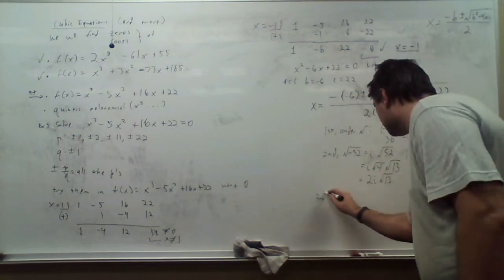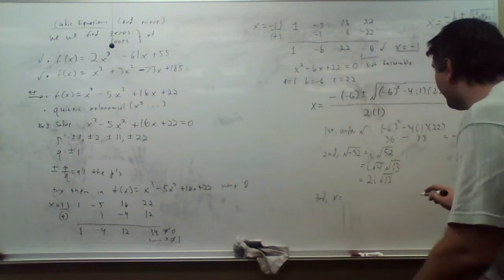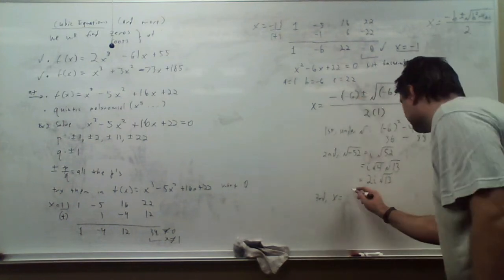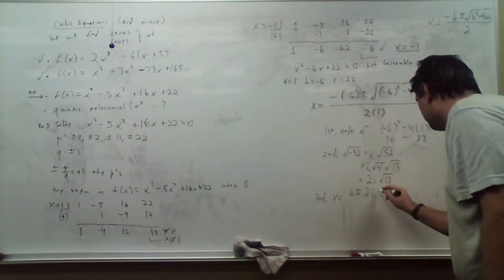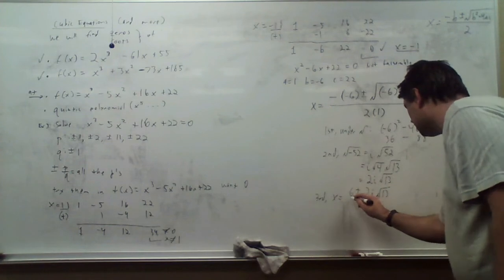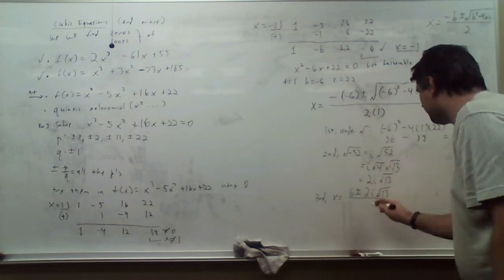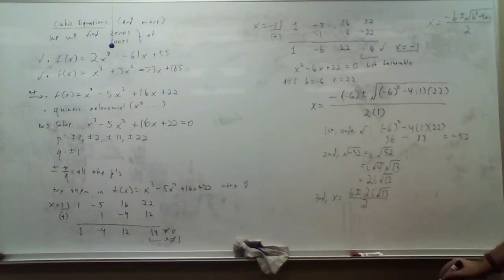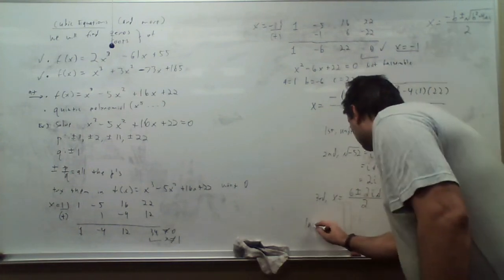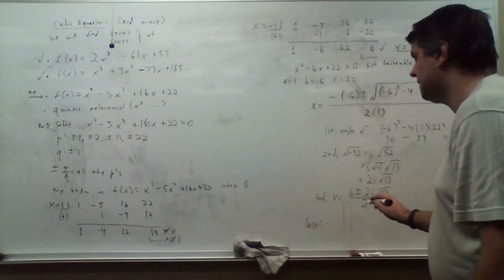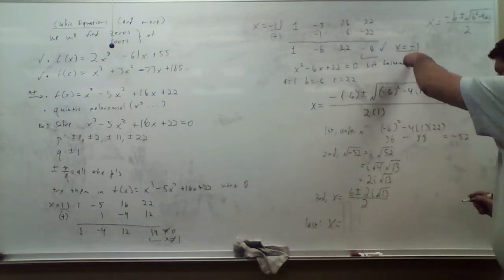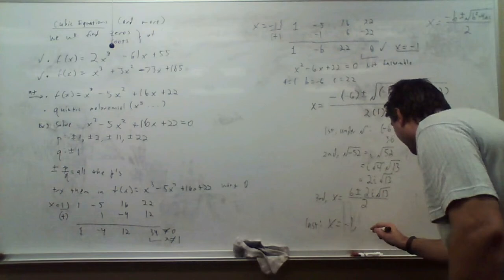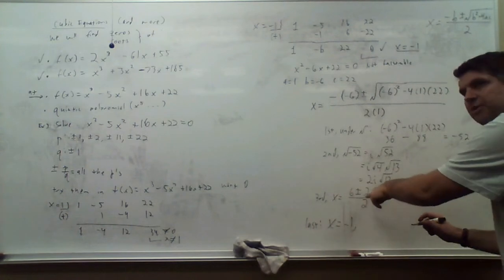Third, we deal with the larger expression. Positive 6 plus or minus 2i square root of 13, over 2 times 1 is 2. Last, x equals that, and both of these are divisible by 2.